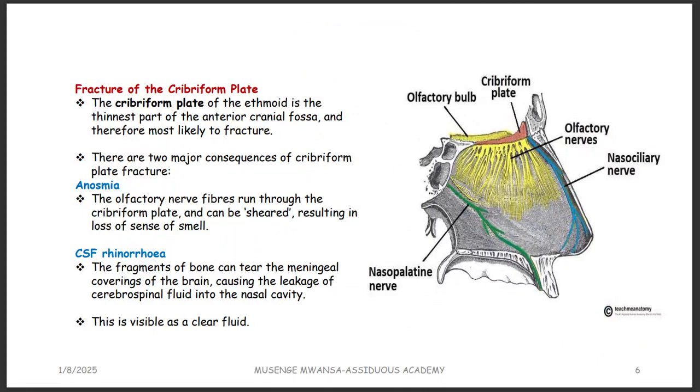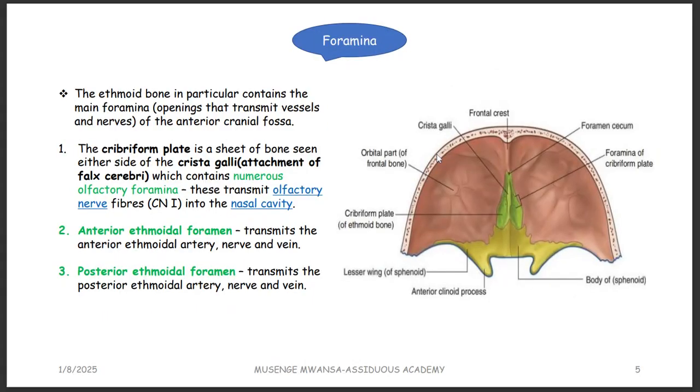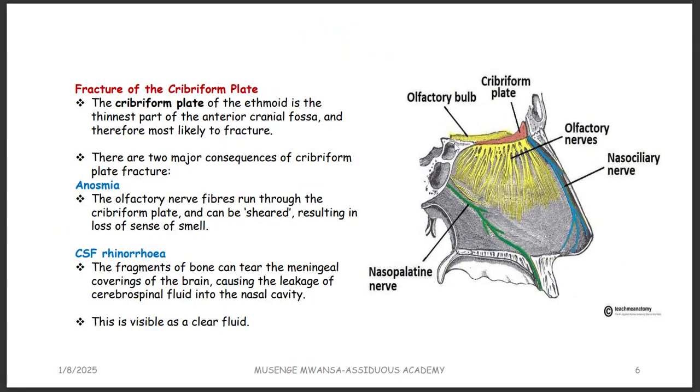So in this kind of section, you can't see the ethmoid foramina, but in a section like this one, can you see these openings here? Just like you have these openings, that's how you are going to have the ethmoid foramina openings, if you take a section like this one.